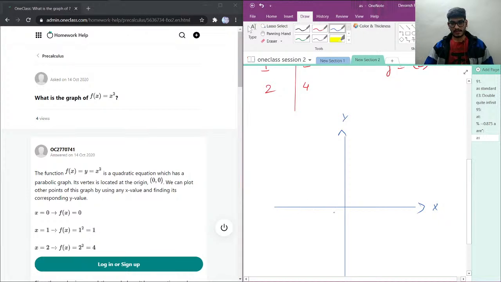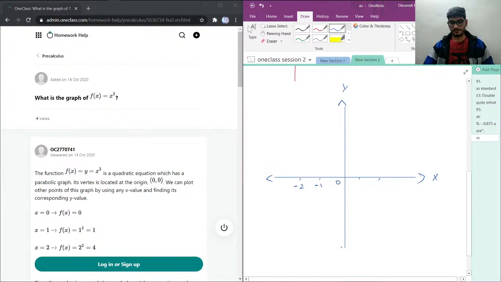Let's say this as 0, and these are the coordinates. So this is negative of 1, negative of 2. Let's say this as 1, this as 2.